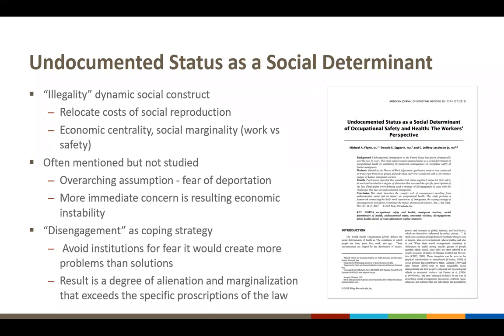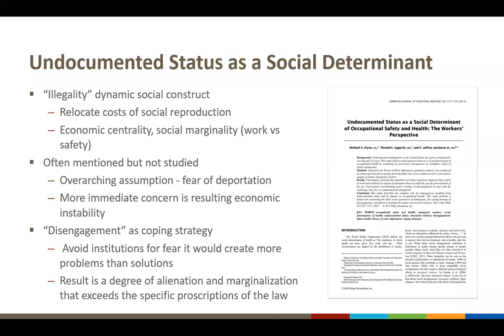And so what happened is that relocated the cost of social reproduction of labor. So, who paid for raising and educating children, and who paid for workers who may have been hurt on the job, et cetera, relocated those costs that used to be located in the families in Mexico to the United States.